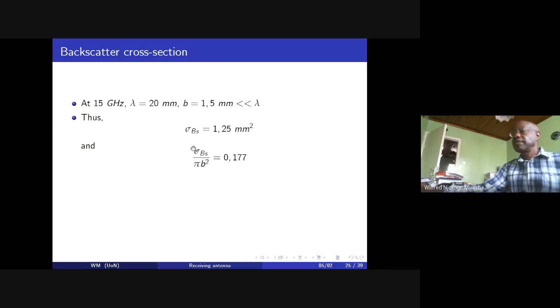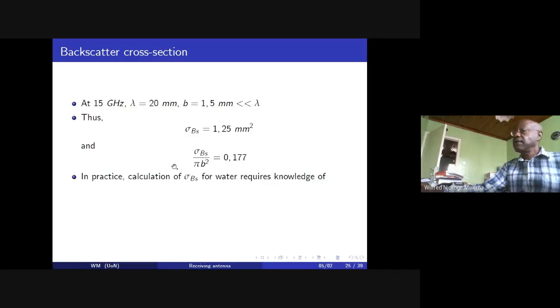So thus, we see that the backscatter cross section is just going to be given by 1.25 millimeter square, and that divided by the cross-section area of a sphere, we get a value of 0.177.